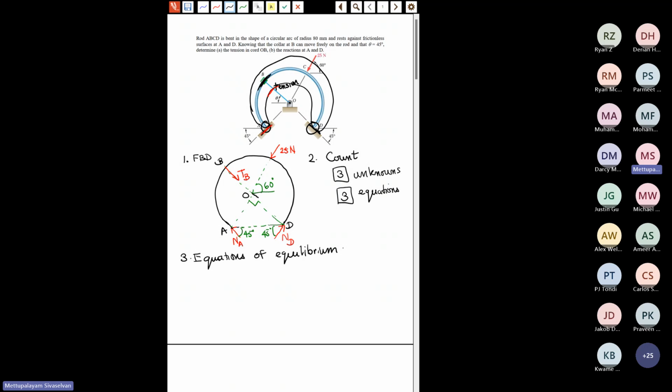So I'm going to call this the x-axis and this the y-axis, okay? The 25 newtons is not quite lined up with the y-axis because that's 60 degrees and the y-axis is only 45 degrees away. So instead of calling x horizontal and y vertical, I'm going to call this direction BD, I'm going to call that x.